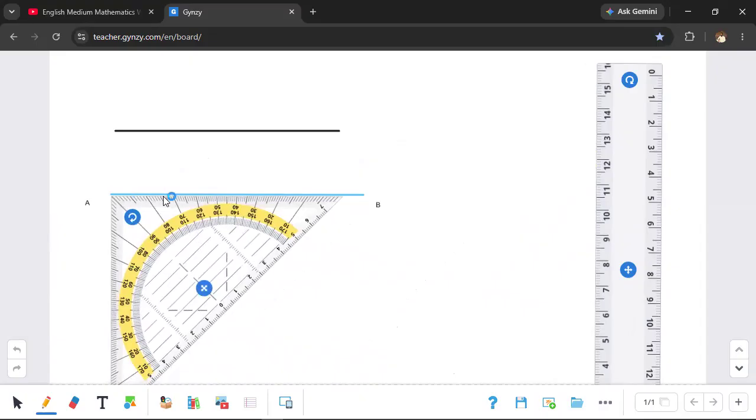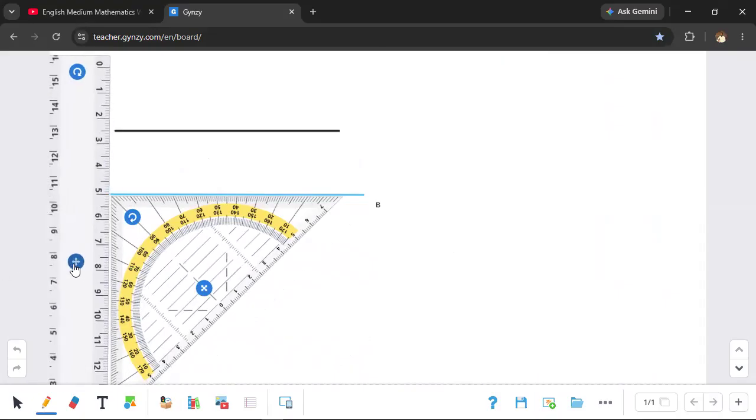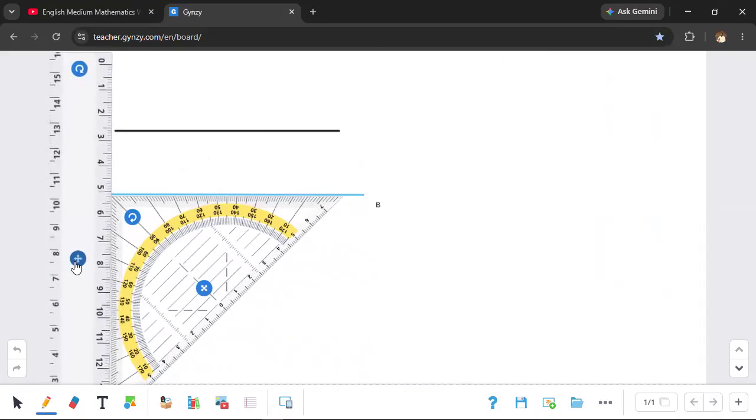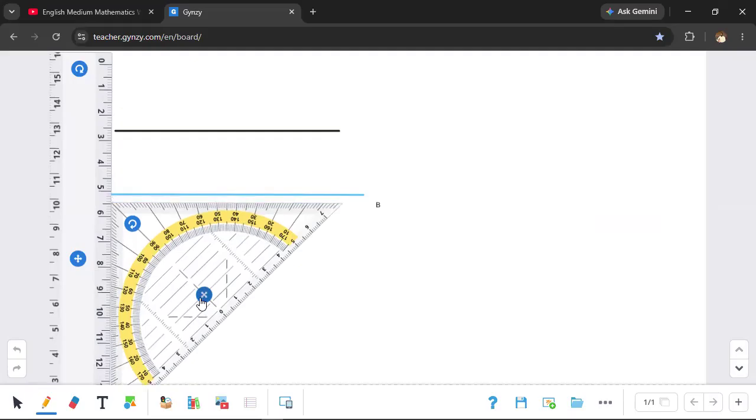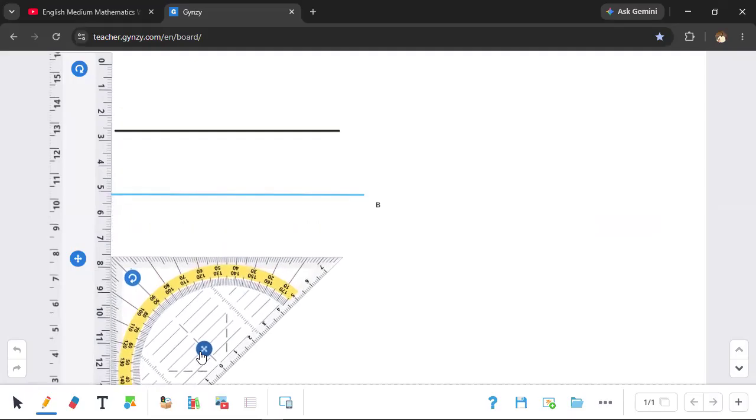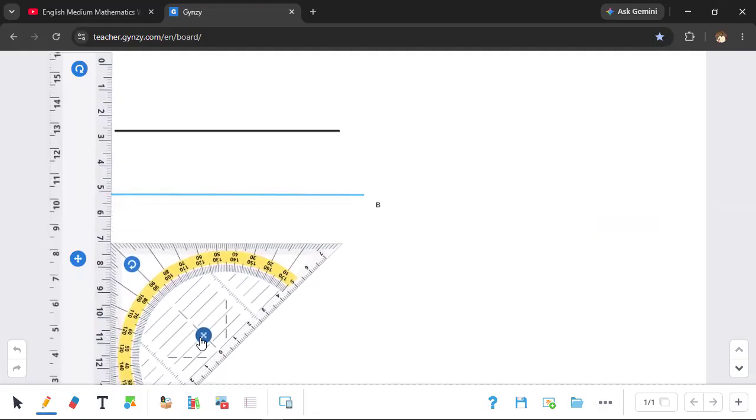This topmost edge and the AB line, and then take your ruler and place it here, right at the edge of the set ruler, and from your left hand side, tightly hold your ruler, right? Then move your set ruler down, exactly down, right?